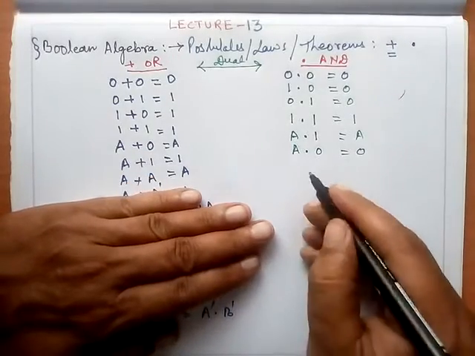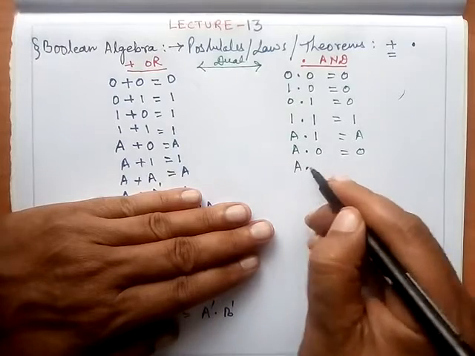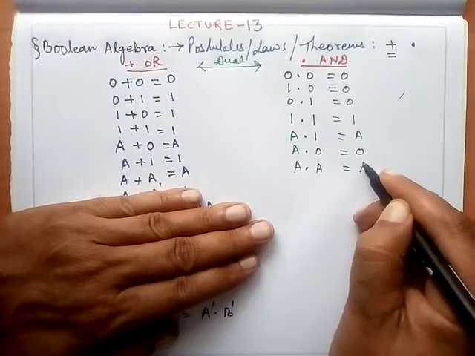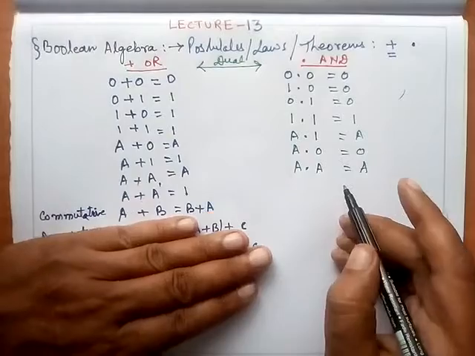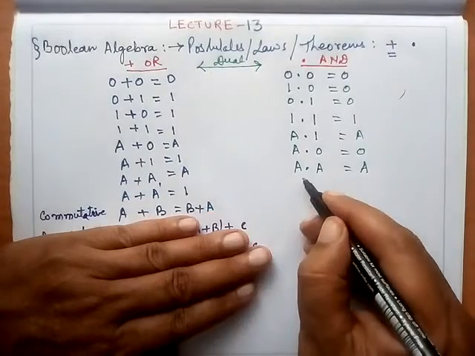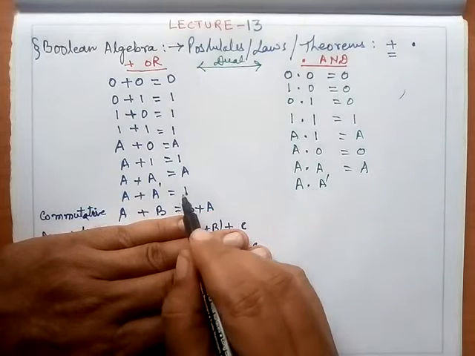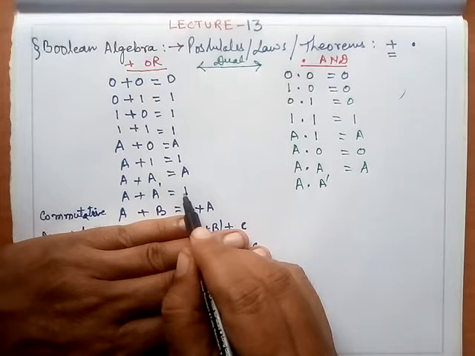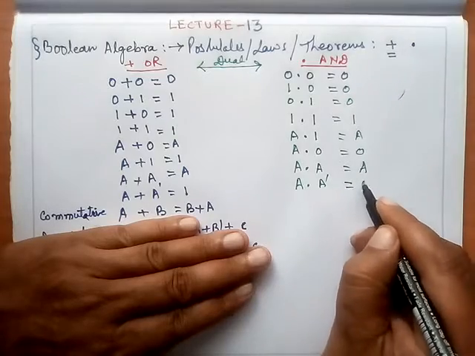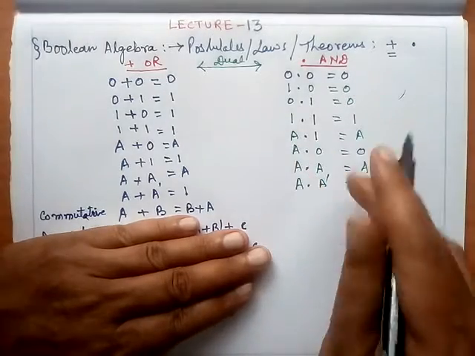Next one, A plus A is equal to A dot A is equal to A. Next one, look at this, A plus A bar. So you'll have A dot A bar, the dual of this, A dot A complement is equal to, it is 1 here, so I'll replace 1 by a 0. I'll frame this rule here.